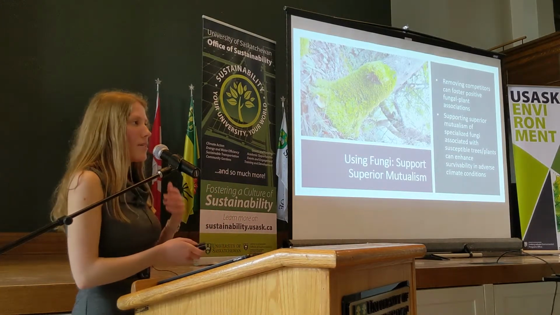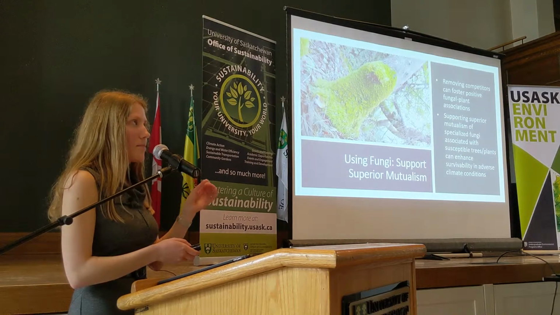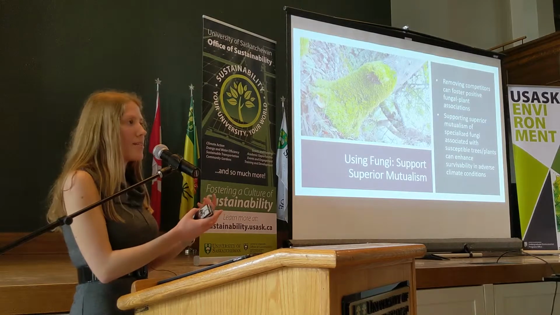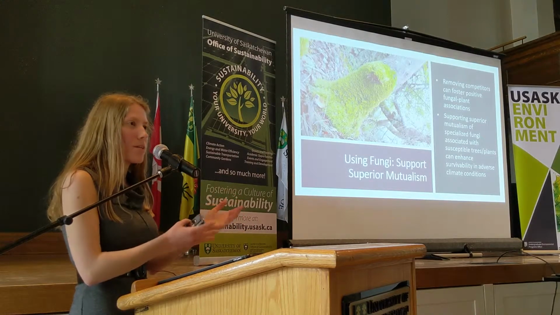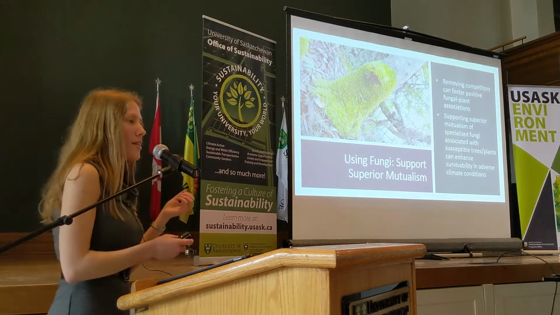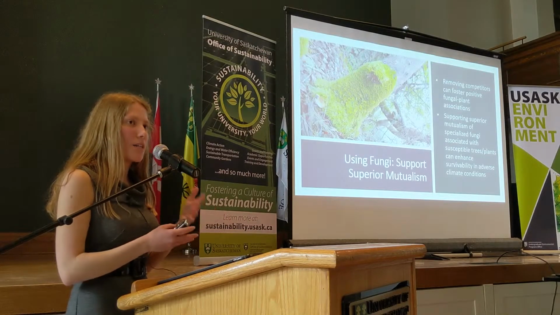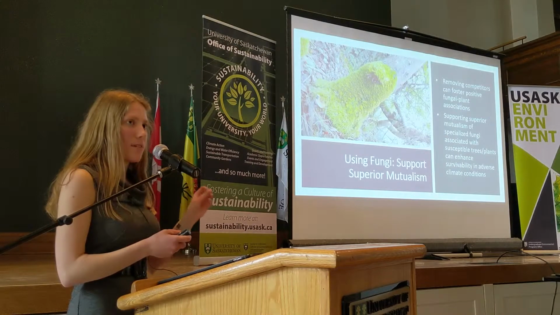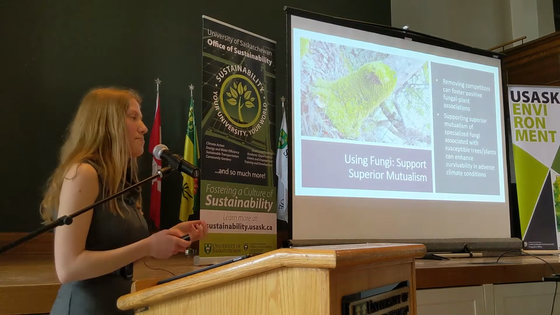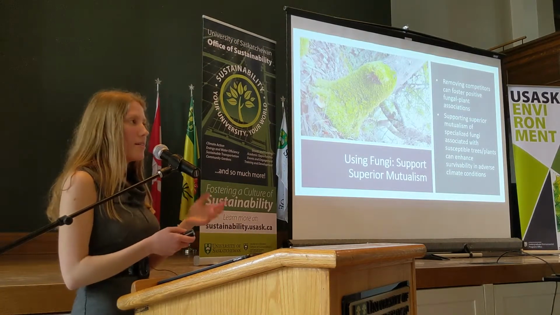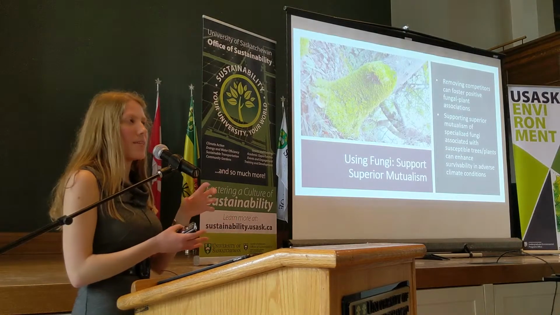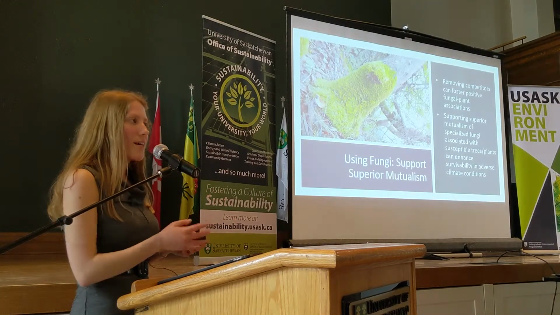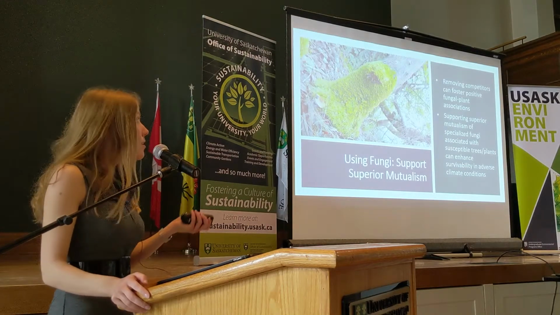So there's a species of tree that there's two kinds in the species. One is more insect susceptible and the other isn't. But they found that the one that was more insect susceptible actually survived the drought better because it had a different mutualism with a different type of fungi. So by facilitating these positive mutualisms, the plants can be adapted to survive in different conditions that climate change will bring.